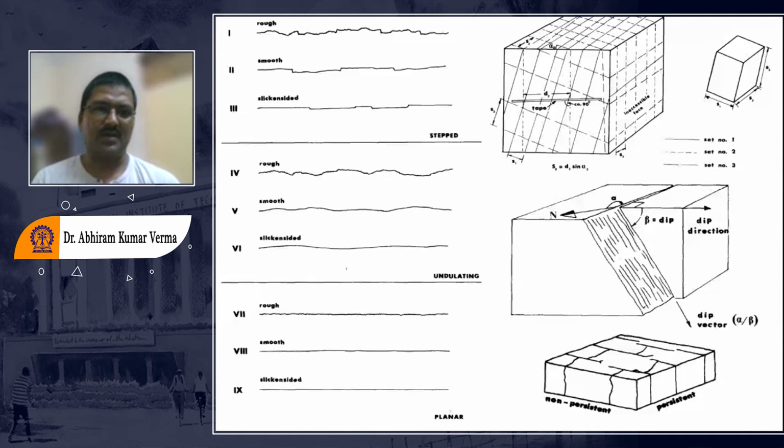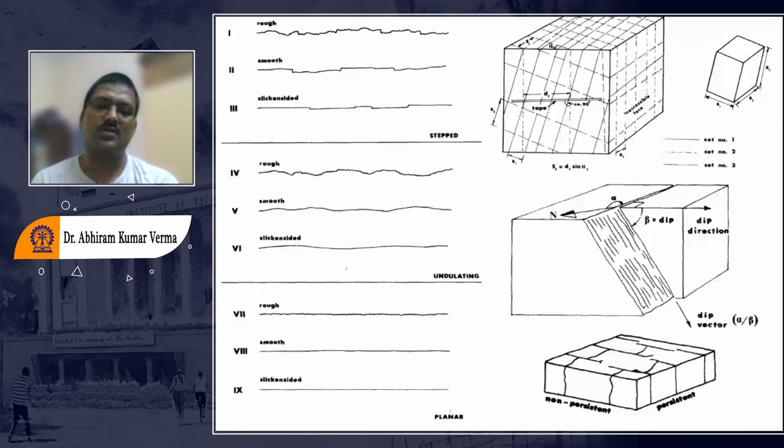Say for example, if the roughness is very rough, this number is about 18 to 20. If it is a very plain type of joint, its roughness number will be 0 to 2, like that. So he has defined a scale of roughness through which, by looking at the roughness of the rock provided to you and at this figure, you can identify the roughness of your discontinuity.